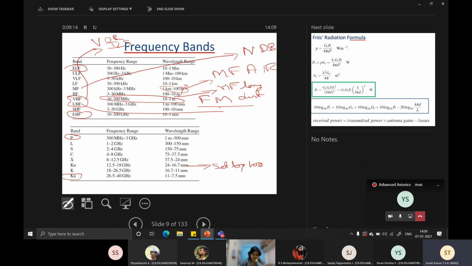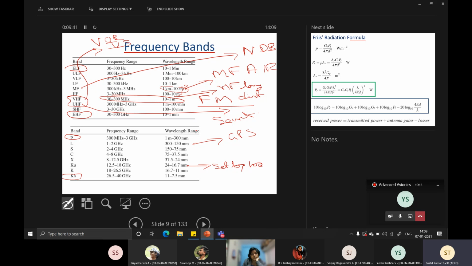UHF is generally for what you call secret bands, okay, for the military. So some secret frequencies are used in the UHF band. If you talk about GPS, that will be in L band. Okay, so across the spectrum, you will find aviation-related applications.